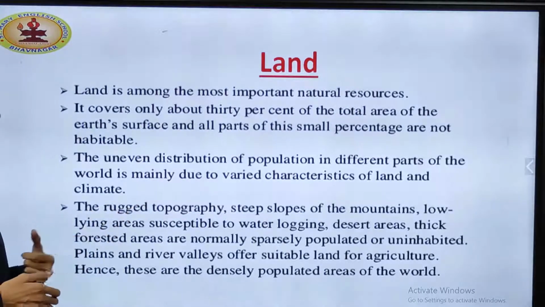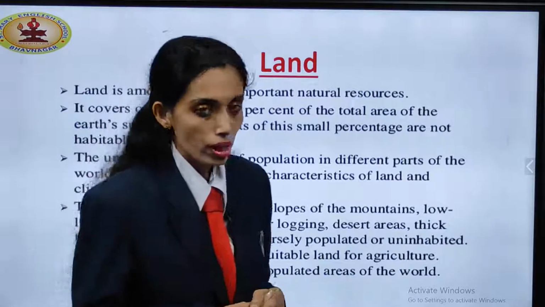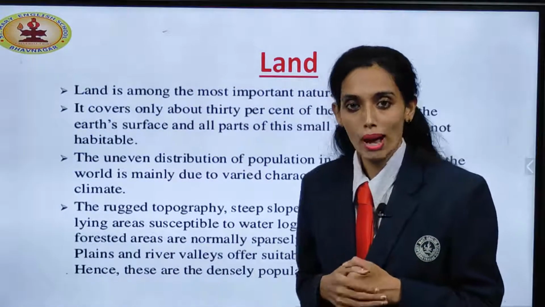The rugged topography. What is topography? The different forms of land, be it mountains, plateaus, valleys, plains, etc. Rugged topography, steep slopes of mountains, and low-lying areas susceptible to waterlogging, where the water gets logged in, are a little risky.